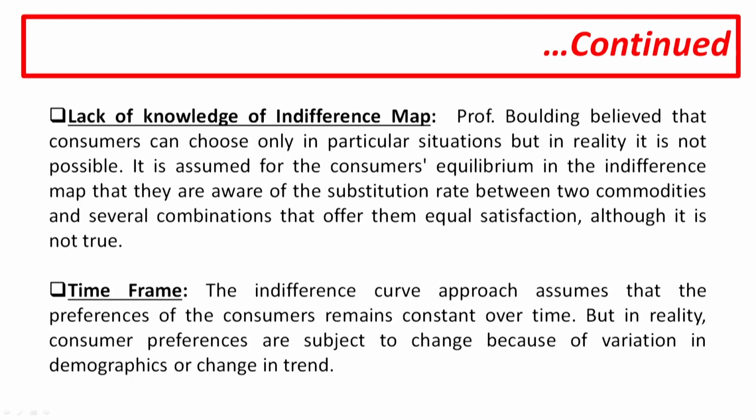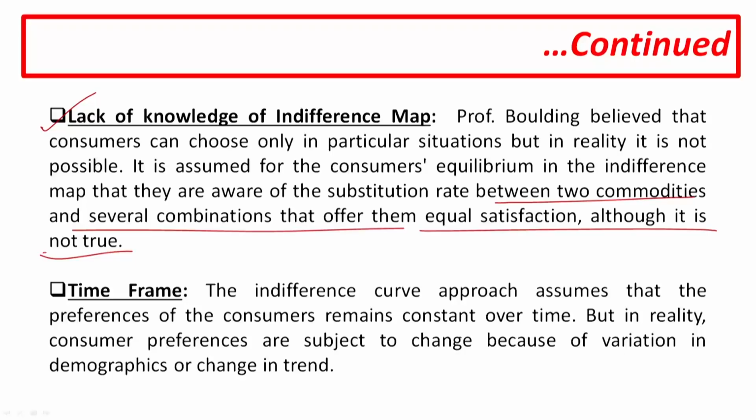Lack of knowledge of the indifference map. It is assumed for the consumer equilibrium in the indifference map that consumers are aware of the substitution rate between two commodities and the several combinations that offer them equal satisfaction, although this is not true.